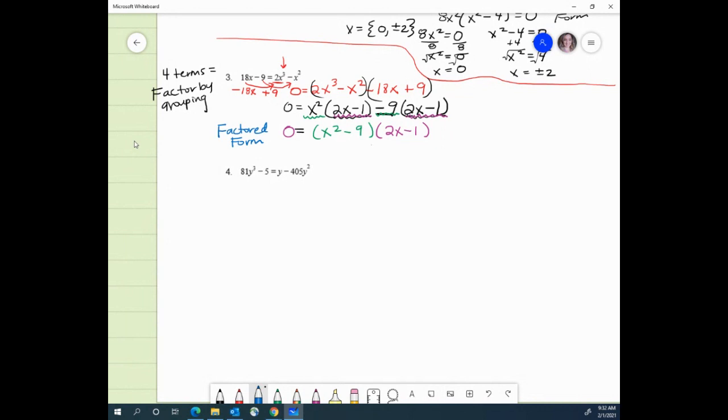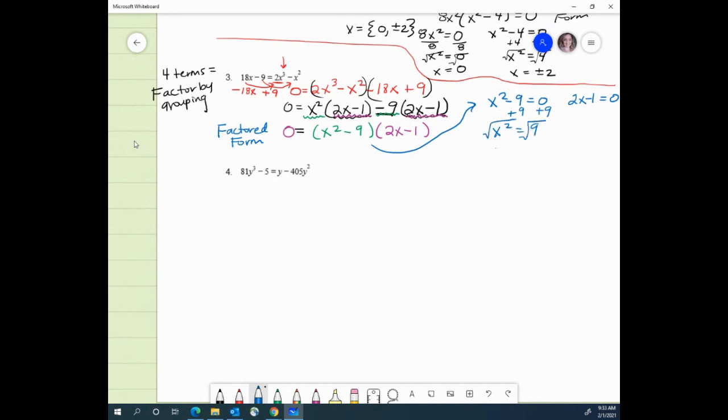So from factored form to solutions, split them apart, set them equal to 0. So x squared minus 9 equals 0, 2x minus 1 is 0. And solve each equation. So plus 9 here. X squared equals 9.